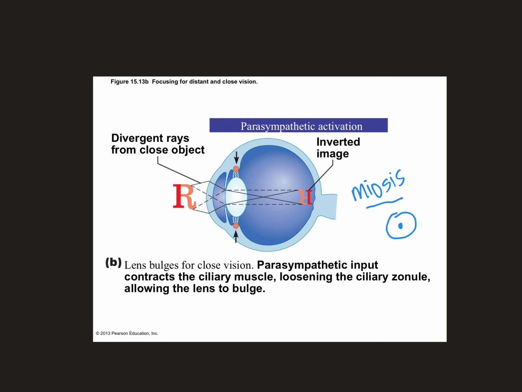And in order for the pupil to get small, we have to have contraction of that ciliary muscle. And remember, when it contracts, it puts some slack on those ligaments, and that slack allows the lens to get fat. And the fatter the lens is, the better we can accommodate light entering the eye from things that are close to us.